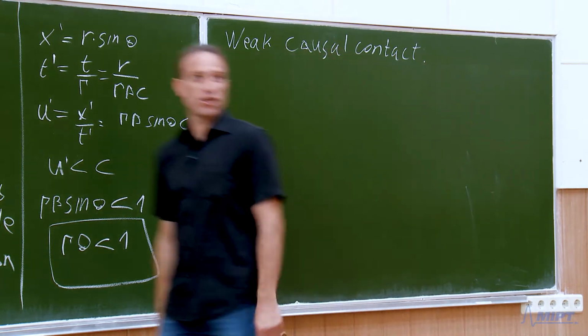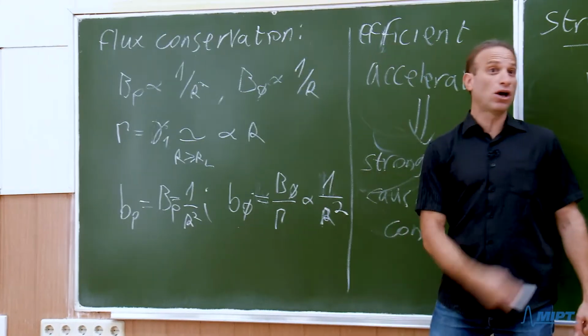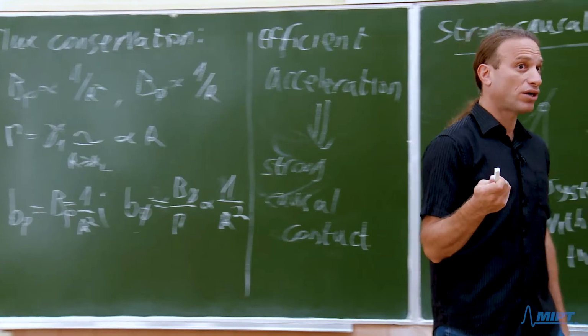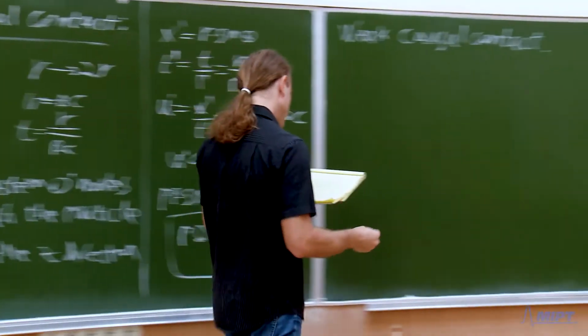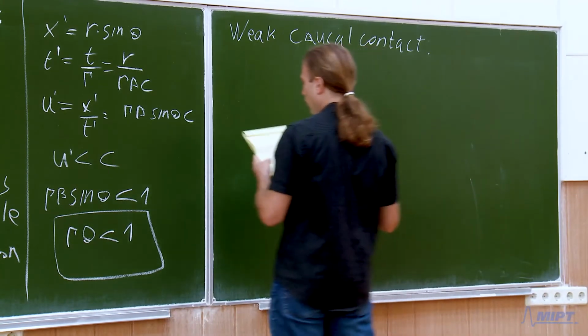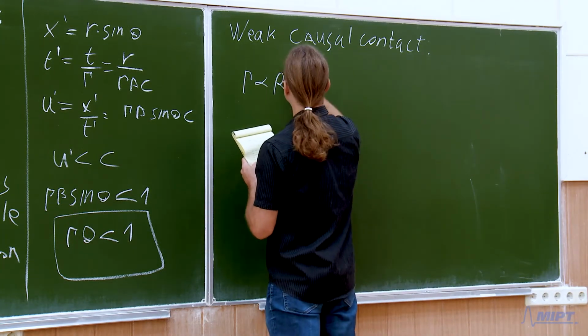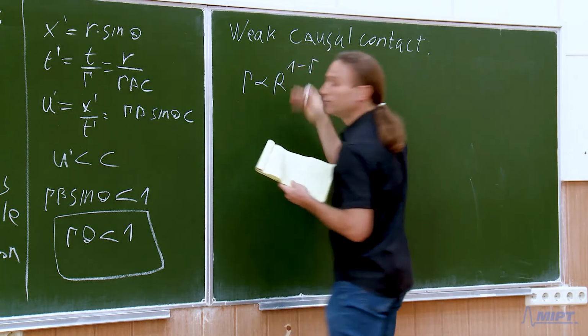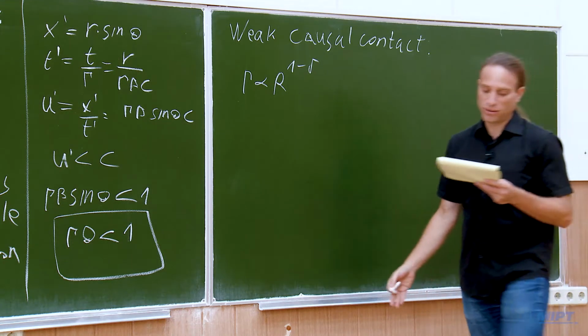So when my acceleration becomes inefficient, b phi drops slower than 1 over r squared. Okay? b phi in the rest frame, gamma now goes like, let's say, r to the power of 1 minus delta. It goes slower than just linear with r. Okay?